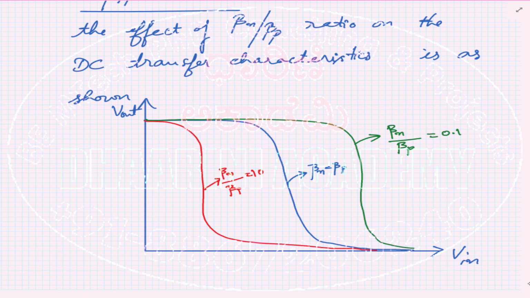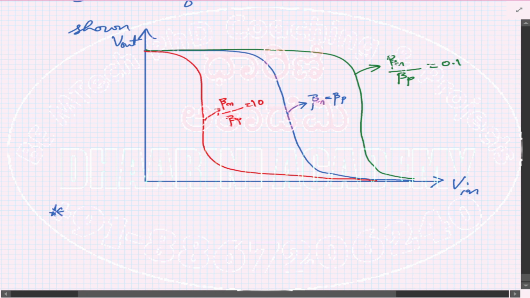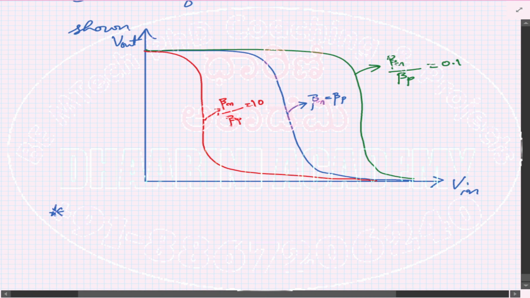Now we just have to explain why. If you want to change beta n by beta p, the channel dimensions will change, because beta is directly derived from the channel's dimensions, the length and width of the channel.